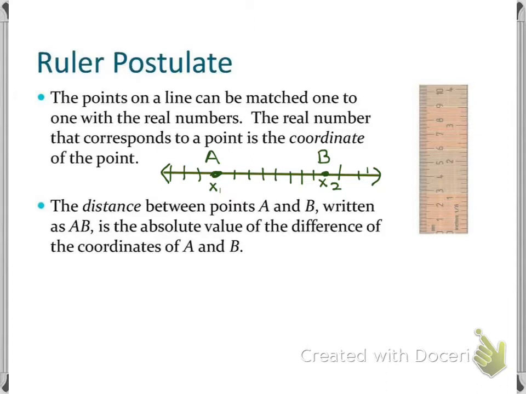Now, what we'll really use it for is that next part, which says the distance between points A and B is the absolute value of the difference of its coordinates.